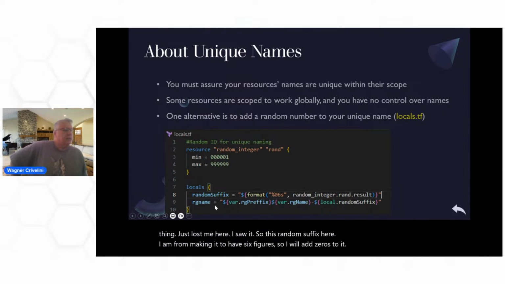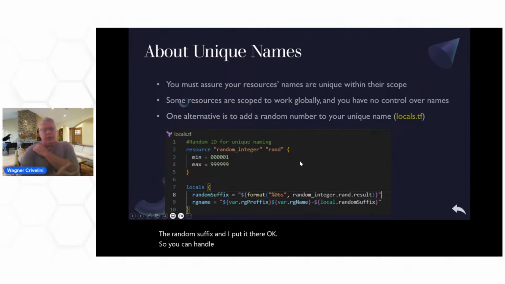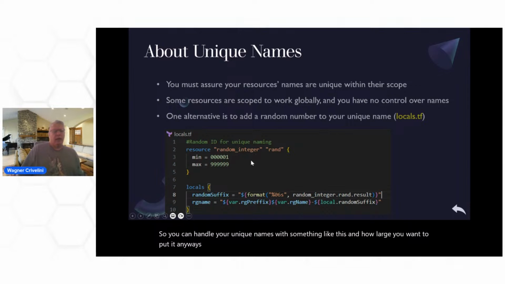And this new string, the random suffix, I will add to my resource name as a suffix, and I put it there. Okay. So you can handle your unique names with something like this, and you can make it as large as you want, and that will do. It's a simple solution, but it works.